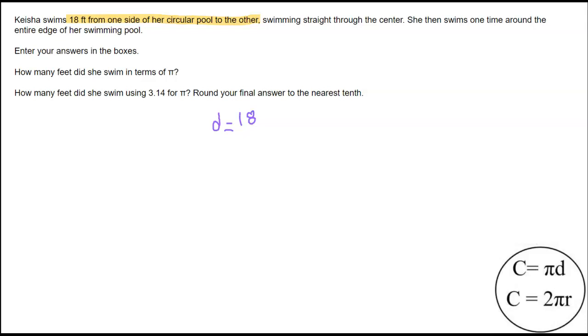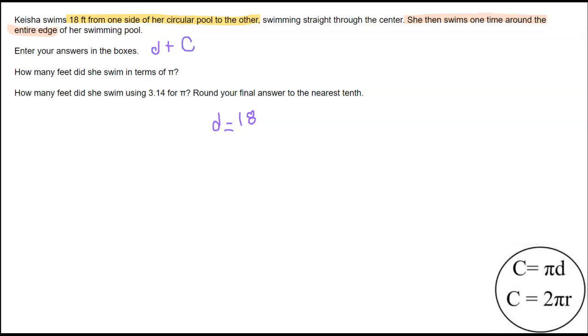Now it goes on to say that she then swims one time around the entire edge. Well, that right there is the circumference. So it's very important to know that to find this answer, we're going to have to add the diameter plus the circumference.